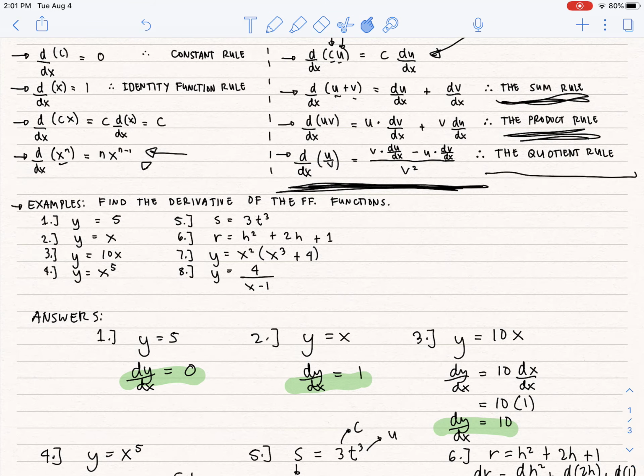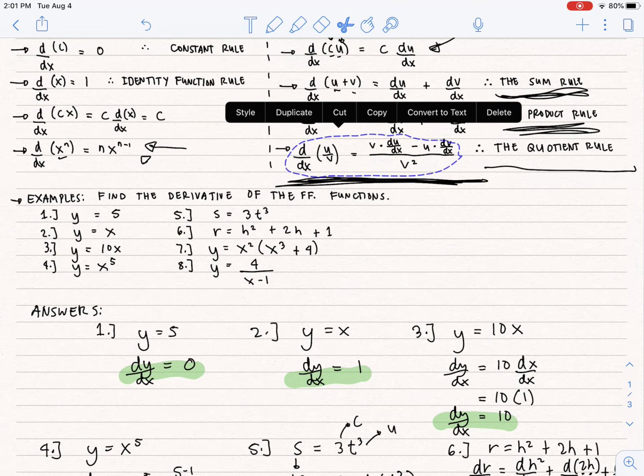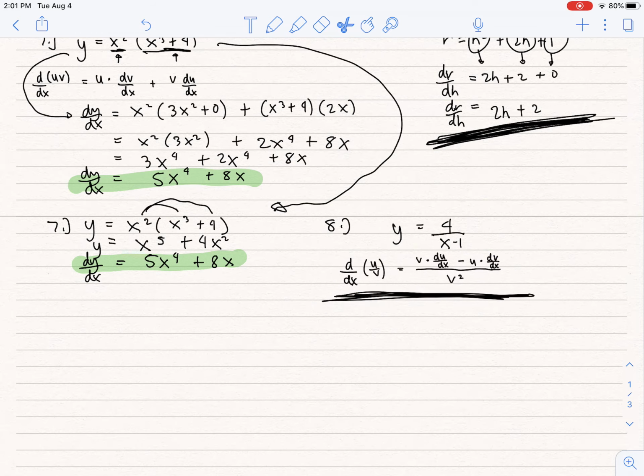So let me just copy the quotient rule formula. Okay, so that is the quotient rule formula. So u here is 4, then v here is x minus 1.